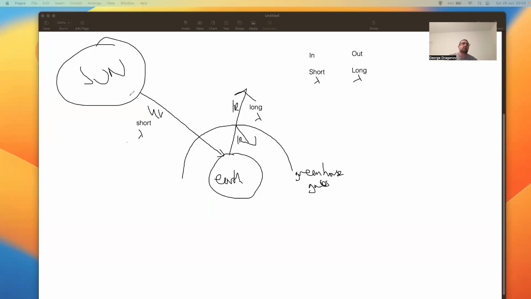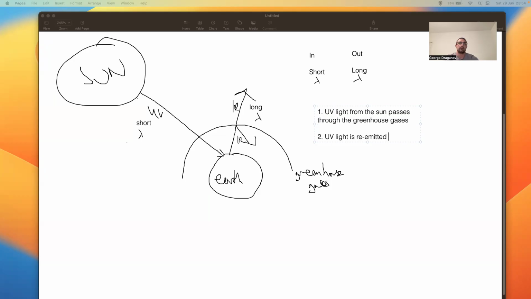Now, I would just prefer to use: UV light from the sun comes into the Earth and passes through the greenhouse gases. Infrared gets re-emitted, and some of it gets trapped by the greenhouse gases to warm up the Earth. So if I form an answer here, UV light from the sun passes through the greenhouse gases. UV light is re-emitted.